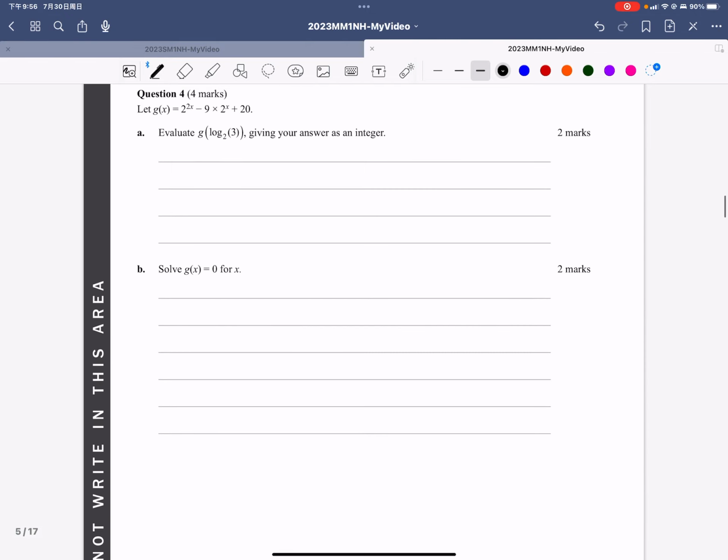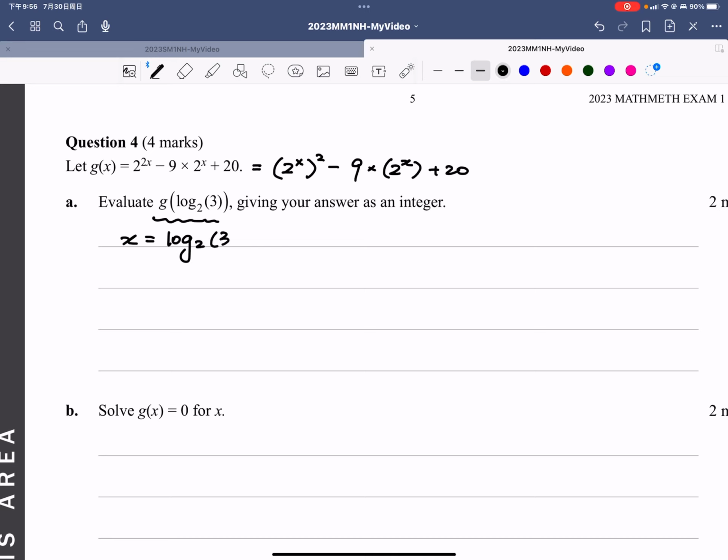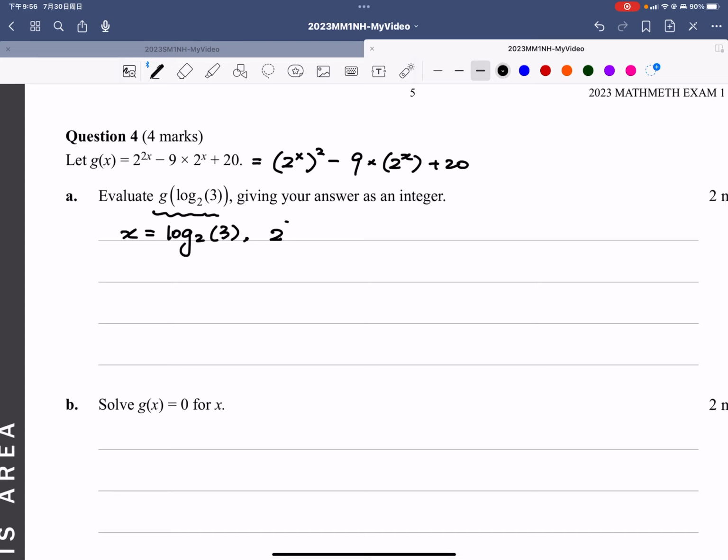All right, next. Let g of x be 2 to the power of 2x minus 9 times 2 to the power of x plus 20. Algebraically, I will recognize this as 2 to the power of x, whole thing squared, minus 9 times 2 to the power of x plus 20. And I want to evaluate this expression where x equals log 2 of 3. If x equals log 2 of 3, 2 to the power of x will be the argument, which is 3.